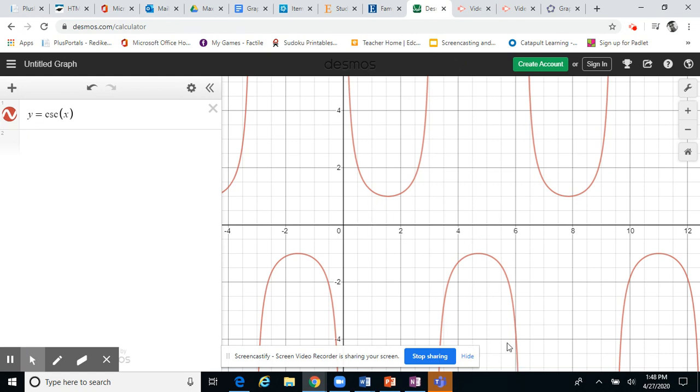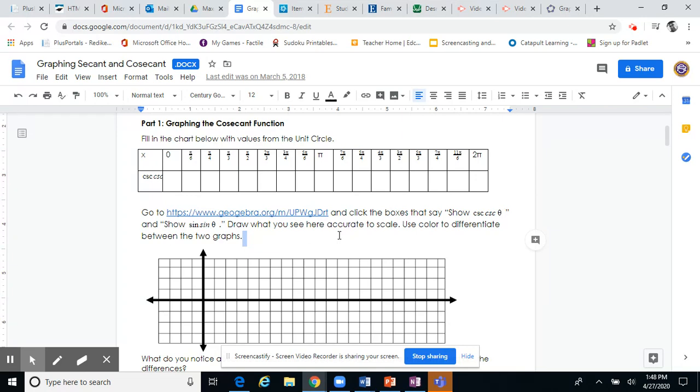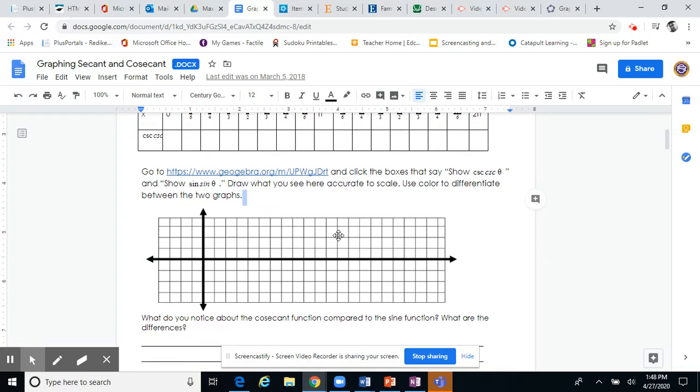So we have one here, and then we have an asymptote at the y-axis, an asymptote in between at pi, and then an asymptote at 2 pi. So at multiples of pi, we will have asymptotes. Going back to this, if we wanted to draw this out, we would need 3 asymptotes. Asymptote, we'll skip, asymptote, skip, asymptote.